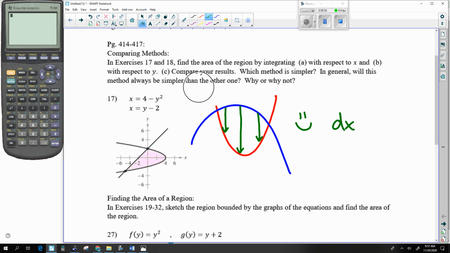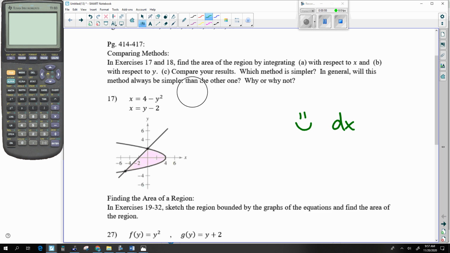However, it doesn't work out so well when you're integrating against itself. If I'm trying to find the area of this thing, it doesn't work to do it this way because you can't subtract yourself. So you have to come up with a different method.